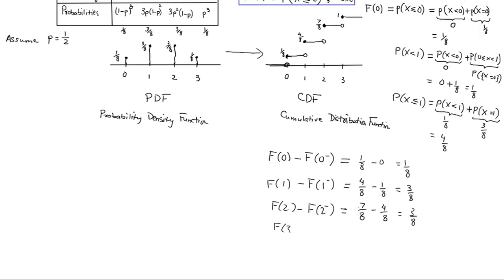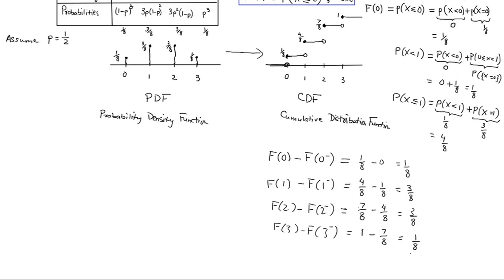What is F of 3 minus F of 3 minus? One minus 7 over 8. Yes, 1 minus 7 over 8, which is 1 over 8. Do you notice the numbers on the right?